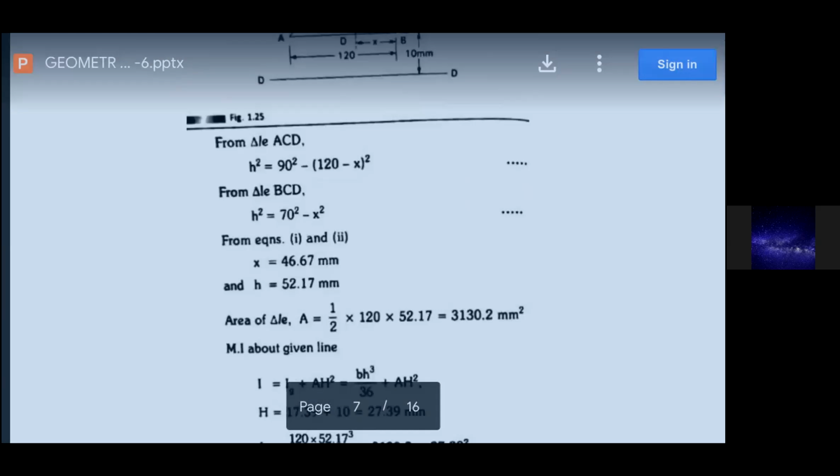So the area of the triangle is half into base into height, that is half into 120 into 52.17, you will get 3130.2 mm square.